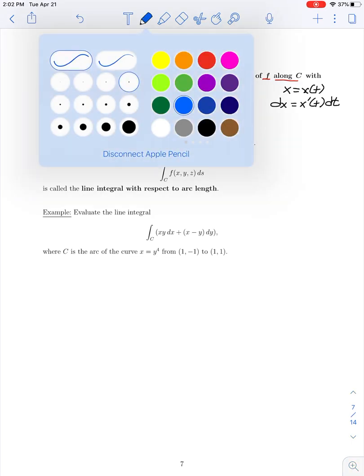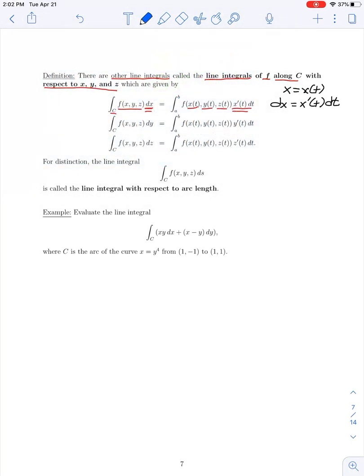Now similarly, we could define the line integral of a function f of x, y, and z over a curve C with respect to y as the integral with respect to t over whatever our parameter interval is, say a to b, where x, y, and z are replaced by the parametric equations for that curve, and the differential of y is then given by y prime of t times the differential of t.